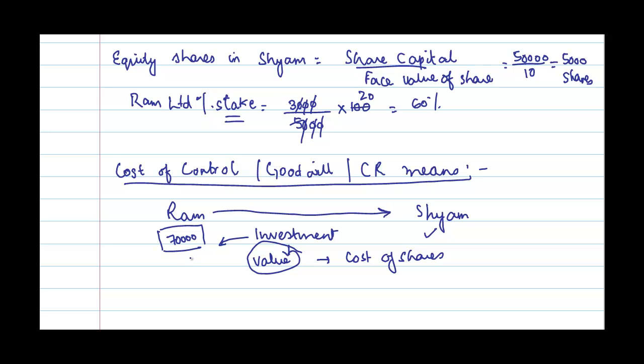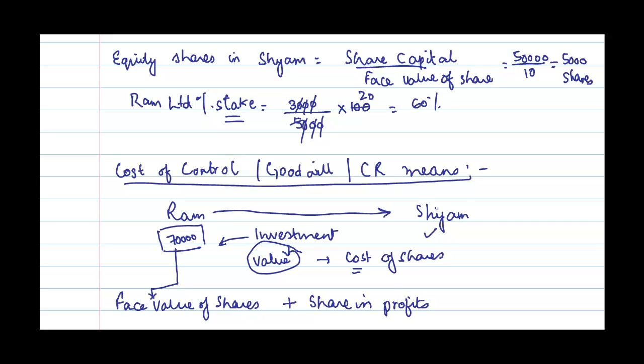Now whenever the investment is done by Ram Limited in Sham Limited, in return it gets certain shares. So the first thing that Ram Limited gets is the face value of shares, plus what it also gets is share in profits.